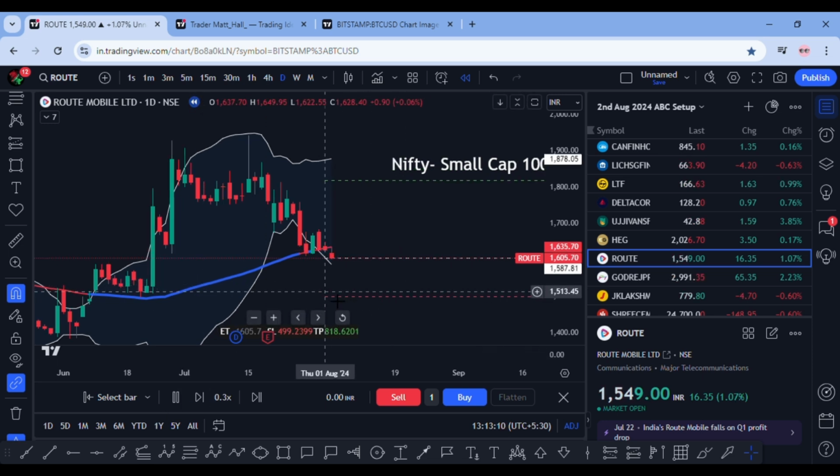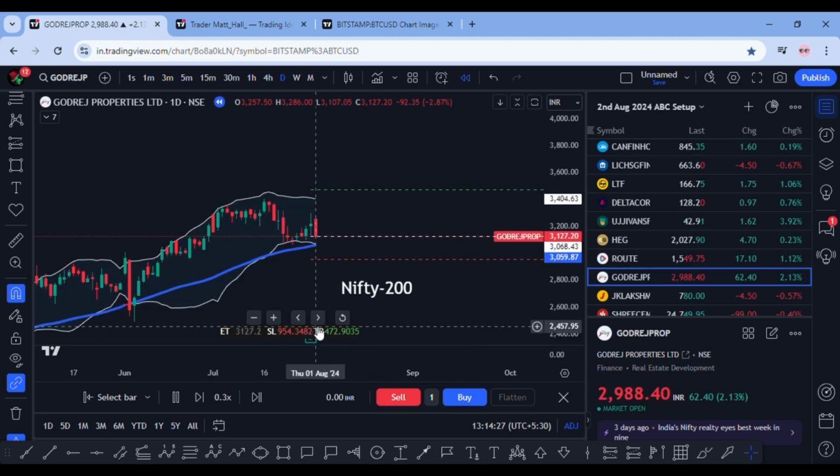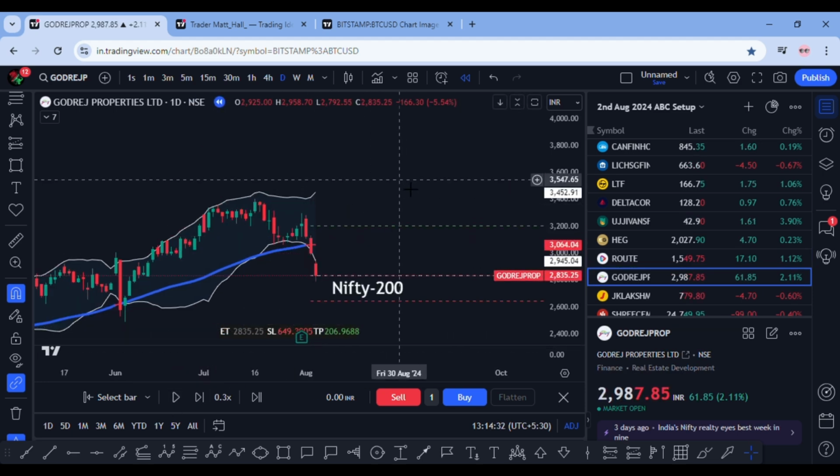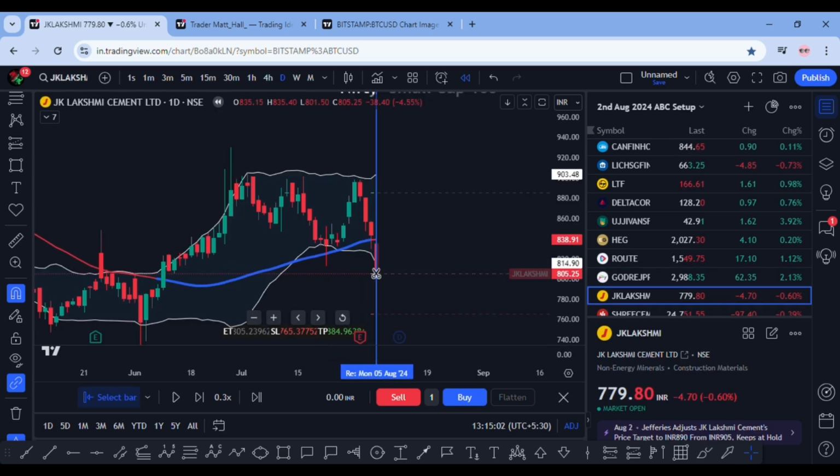Trade did not fulfill the ABC trading conditions, so we won't be taking this trade. Next up is Godrej Properties Limited.